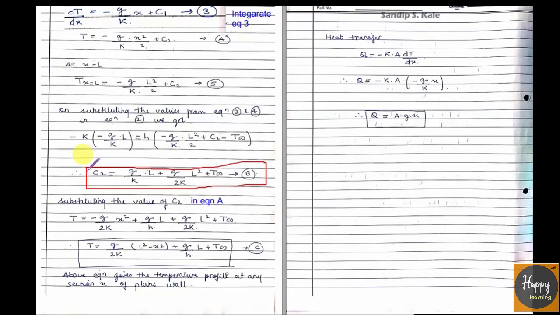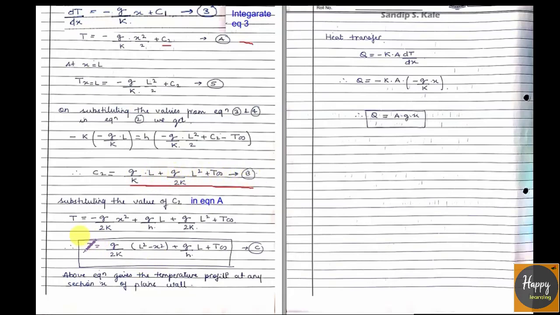Now what is our aim? We will substitute the value of C1 and C2 in equation number A. So here we will substitute the value, that is T equals minus g upon k x square by 2 plus C2. What is the value of C2? This whole equation we will substitute.